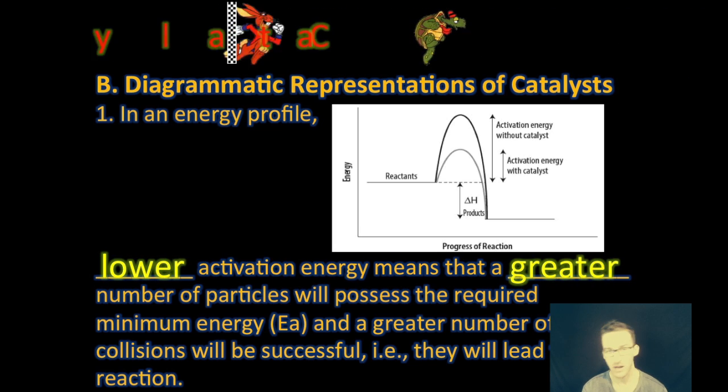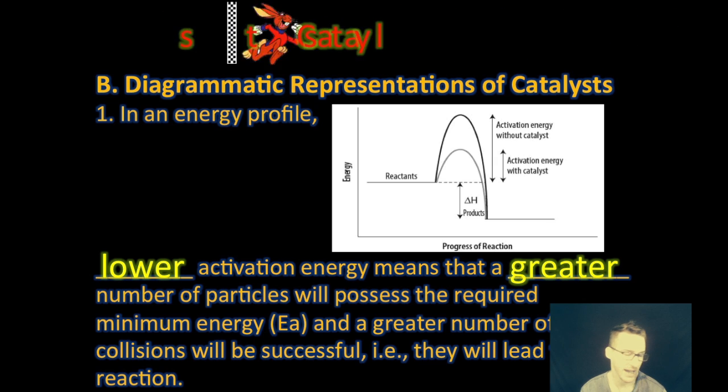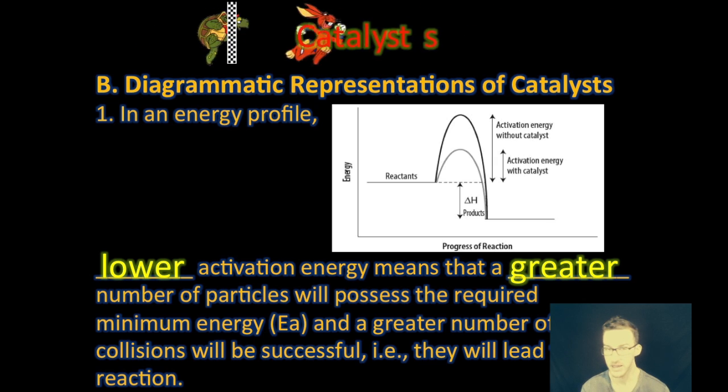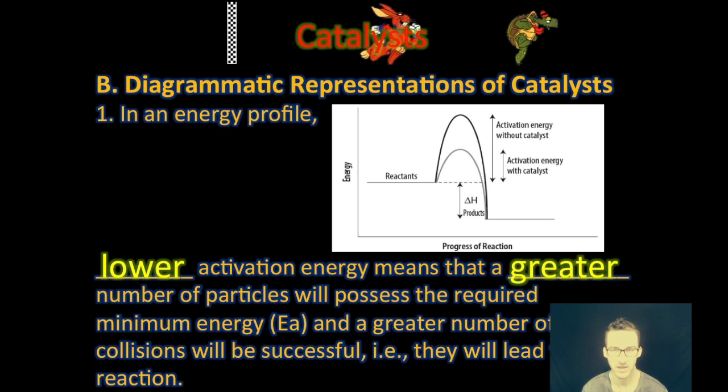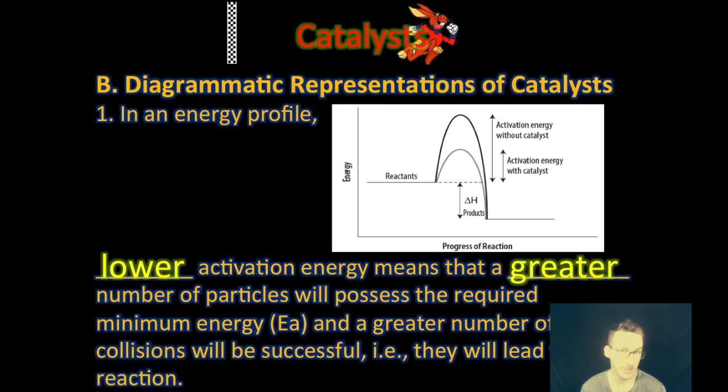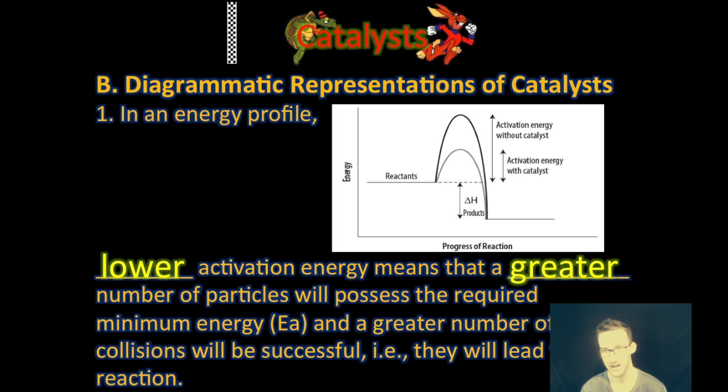But as you think about how you're going to have to think about catalysts for the AP Chemistry test, you are going to want to interpret some energy profiles and think about what has happened to that energy profile when you've used a catalyst.